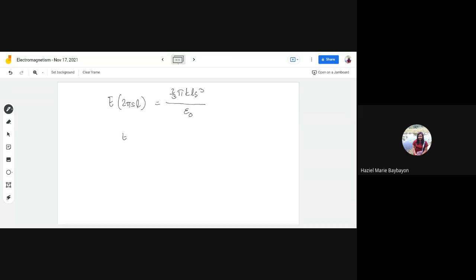So your electric field is equal to 2/3 pi KLS cube divided by 2 pi SL epsilon naught.